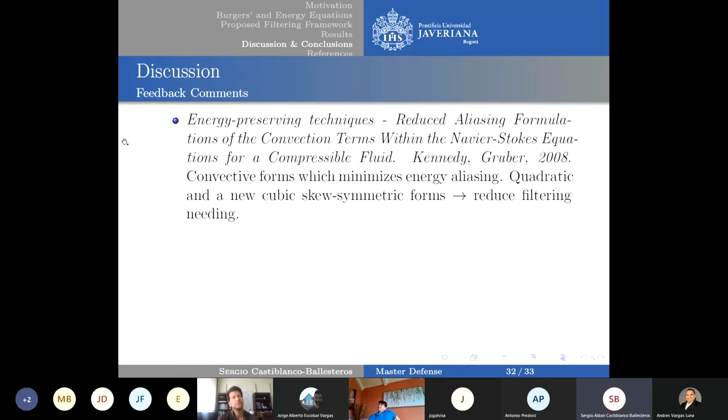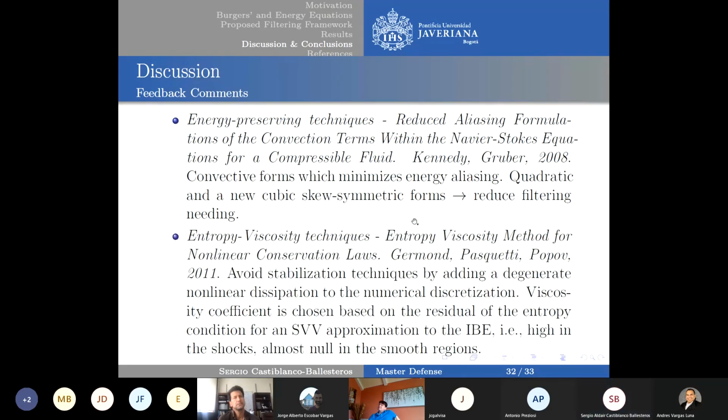And finally, a comment about entropy viscosity techniques. This is the main paper by Guermond, Pasquetti and Popov. Professor Pasquetti is a leading researcher in spectral vanishing viscosity methods. What they do is use a similar approach based on energy to adaptively compute the viscosity coefficients in space, and then apply spectral vanishing viscosity.